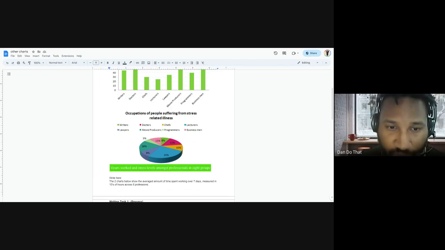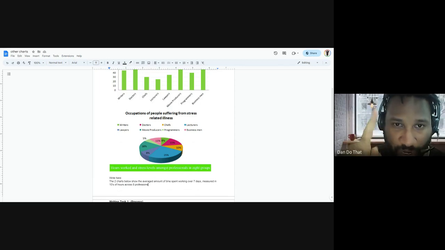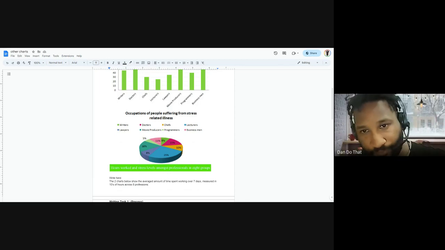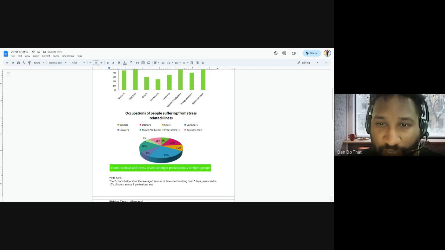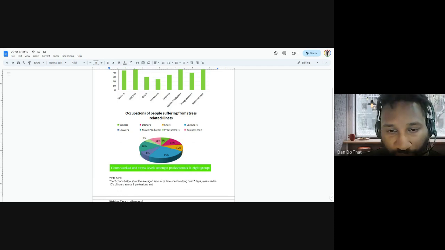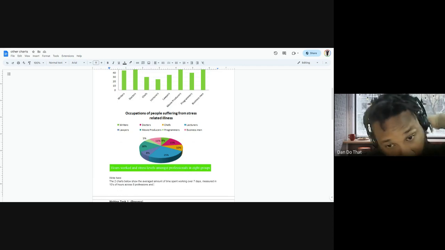All right. So the 2 charts below, there's a pie chart and a bar chart. So the 2 charts below show everything I just wrote, and the pie chart shows occupations of people suffering from stress-related illnesses, and the same 8 professions.